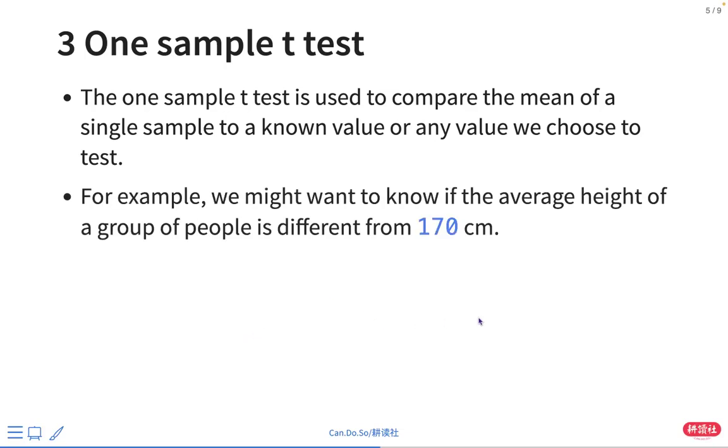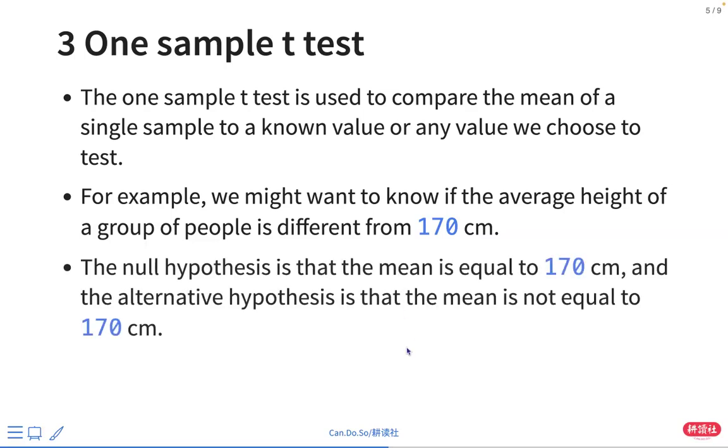For example, we might want to know if the average height of a group of people is equal to 170 centimeters or not. So the null hypothesis is that the mean is equal to 170, and the alternative hypothesis is that the mean is not equal to 170.